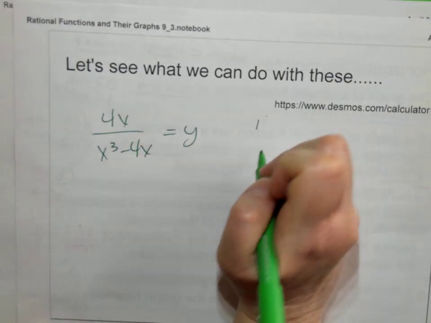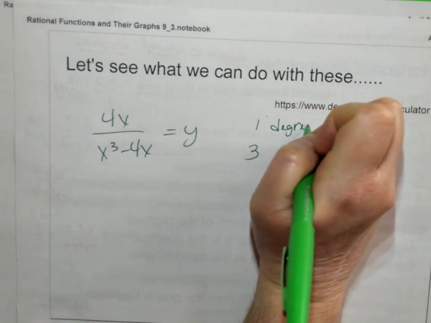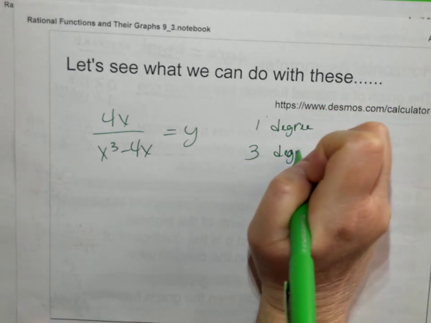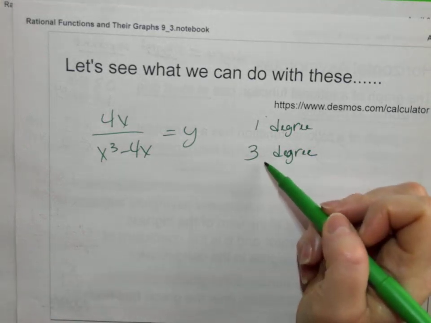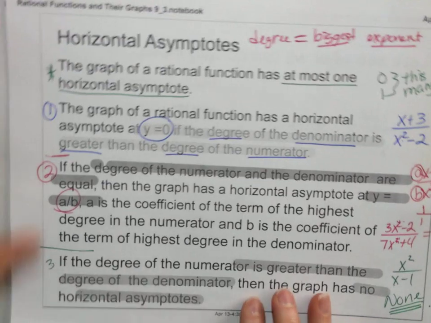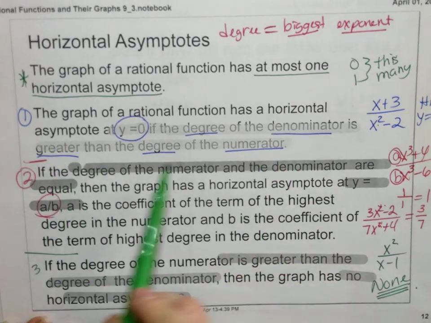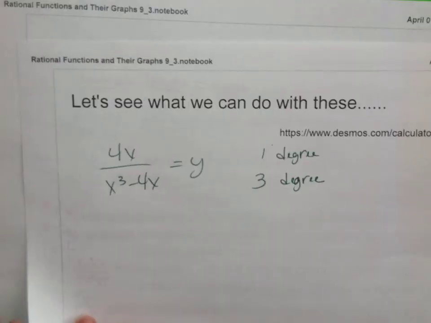It's 1. What's the degree of the denominator? It's 3. So the rule says if the degree of the denominator is greater than the degree of the numerator, we have a horizontal asymptote at y equals 0.